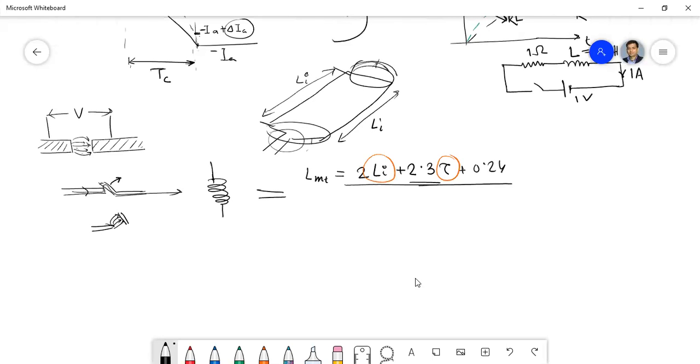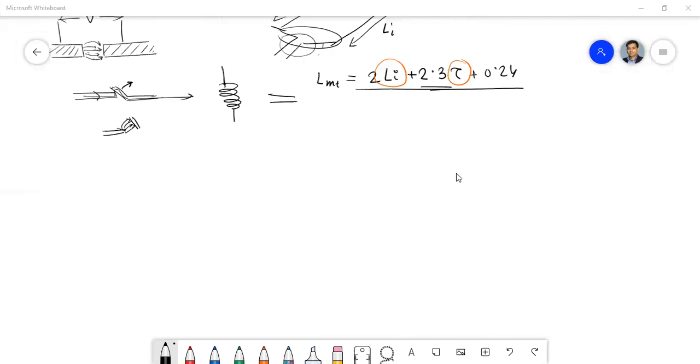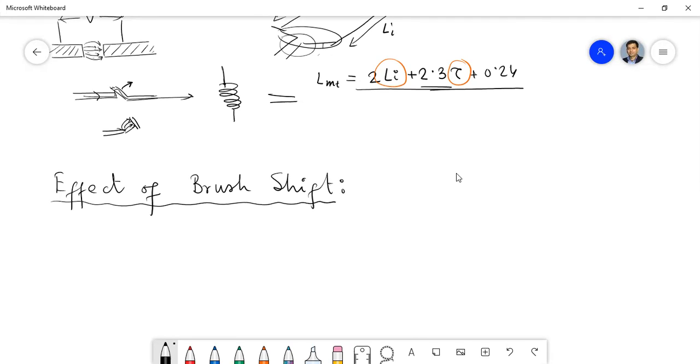Okay, now what I will discuss today is the effect of brush shift. I think I have discussed all the effects of armature reaction and also the observations coming out of this armature reaction.